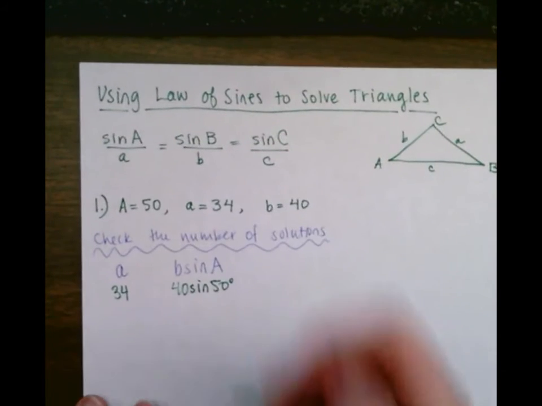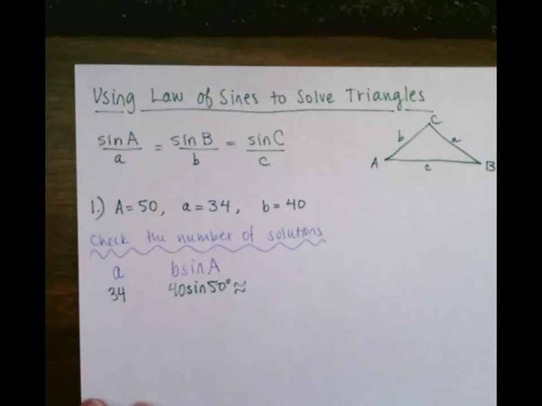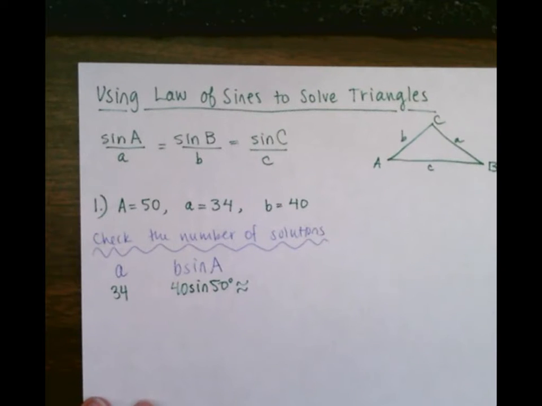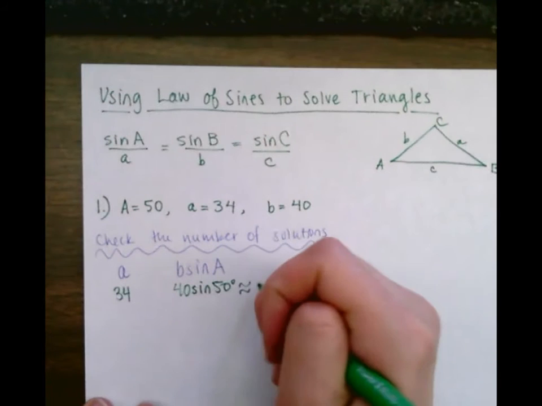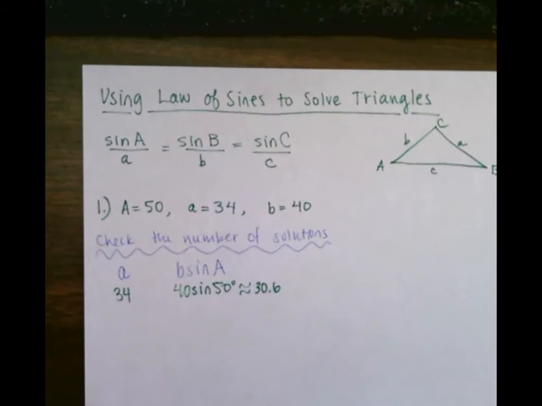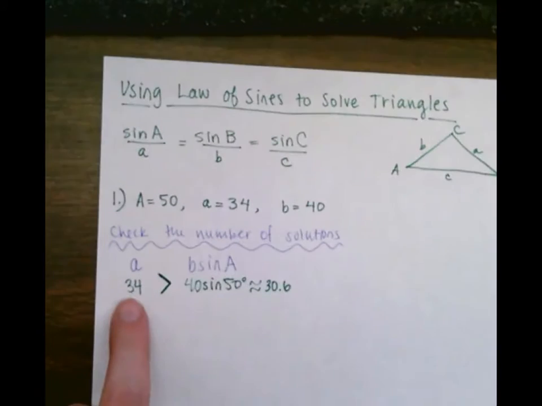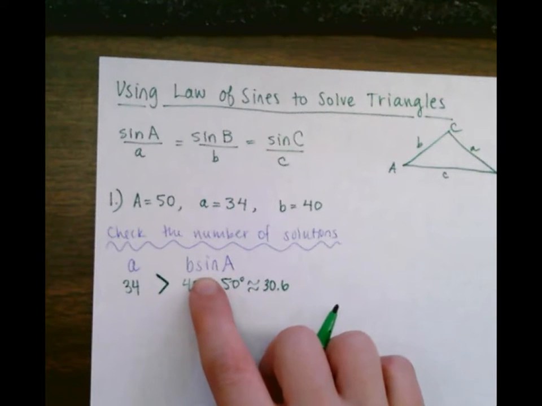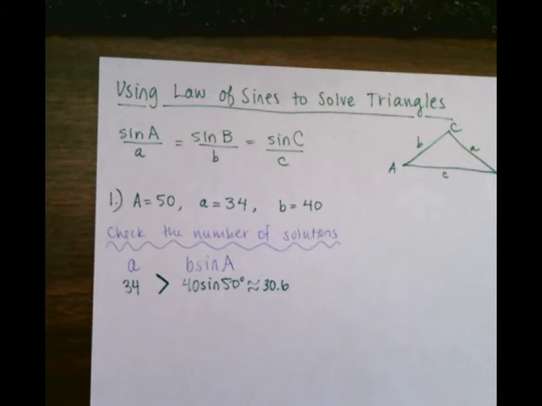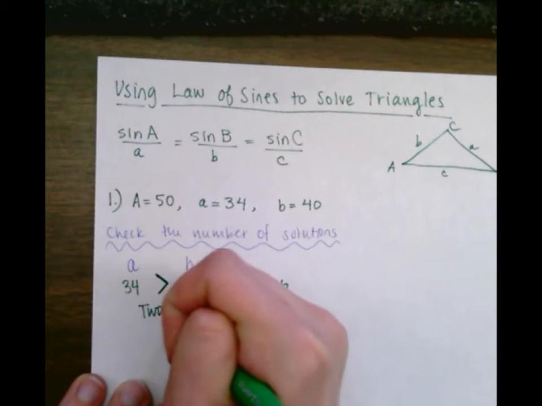We did this in class, and in the calculator, we typed 40 sine 50 into the calculator and got 30.6. So we're comparing 34 to 30.6, and 34 is greater than 30.6. If a is greater than b sine A, if you refer back to that chart, that means there are 2 solutions, okay? This is the situation in which we should get 2 solutions.